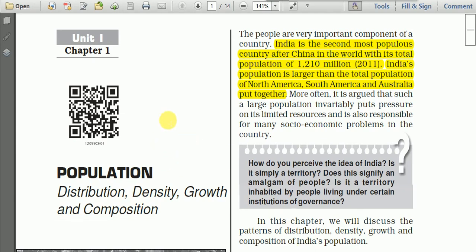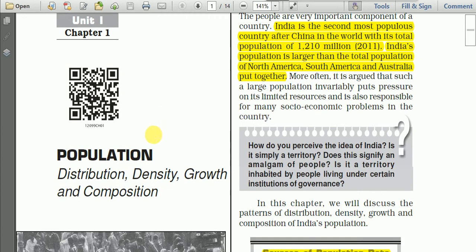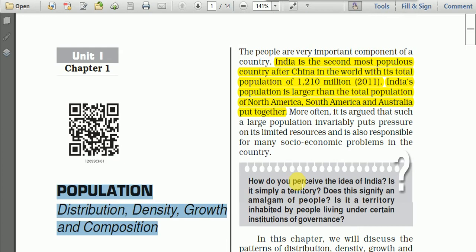So here we have the first chapter of the textbook India, People and Economy. The title of this chapter is Population, Distribution, Density, Growth and Composition of India. So let us read.